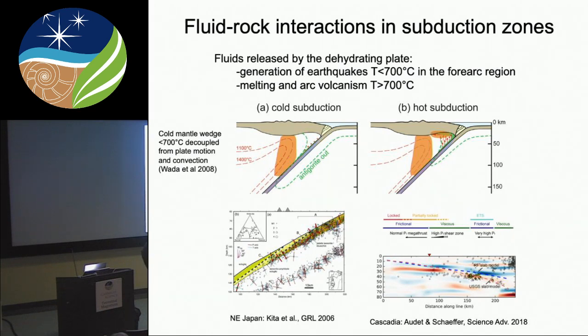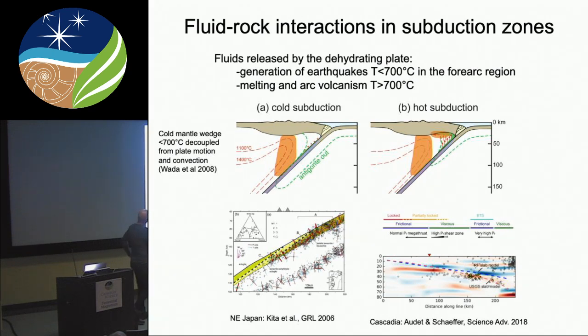They can dissolve a little bit of minerals and other species, but they're mostly water rich. Then a higher temperature region in which aqueous fluids can be totally miscible with magmas, and in that region we get melting, and this will ultimately lead to arc volcanism.